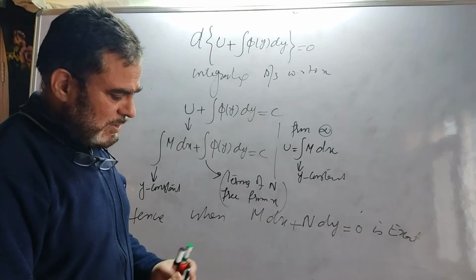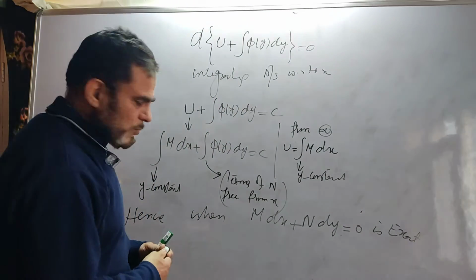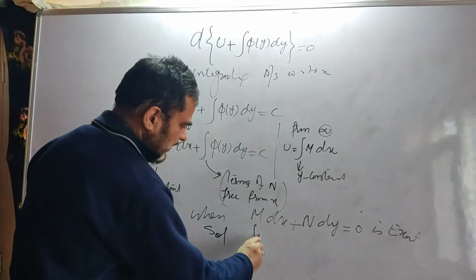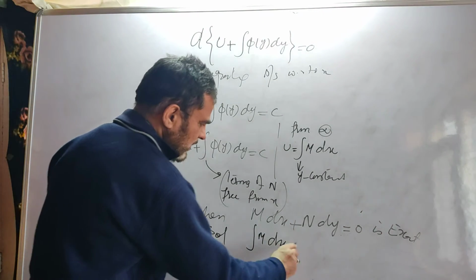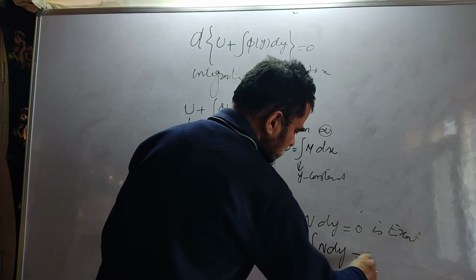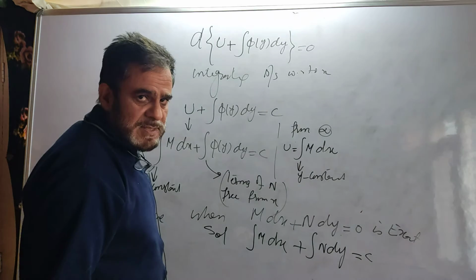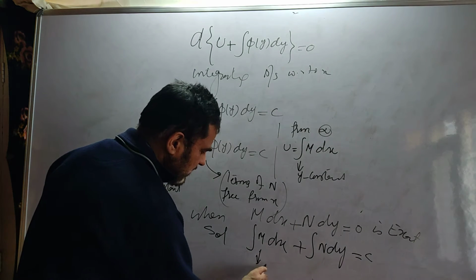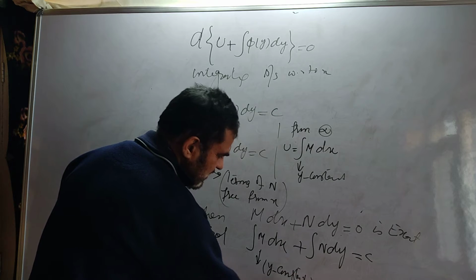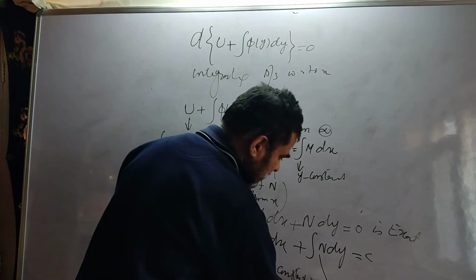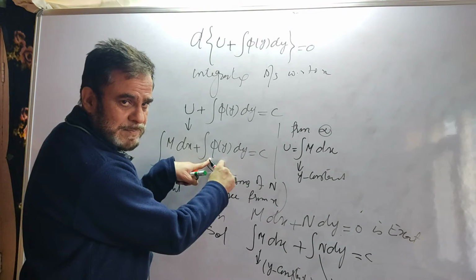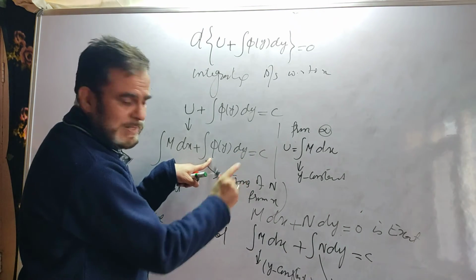When it is exact, how do we go about the solution? The solution is given in a simple way: integral of M dx plus integral of N dy is equal to c, where c is some constant. We treat y as constant here, and in this N, as far as this is concerned, phi of y dy does not involve x.